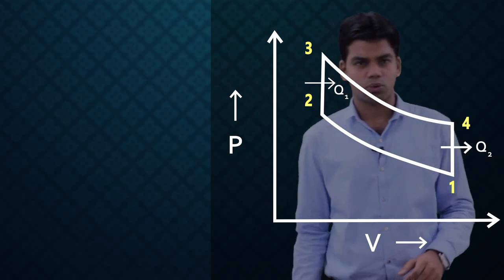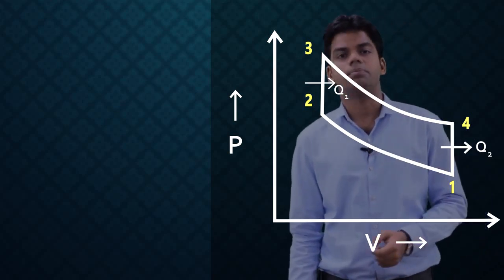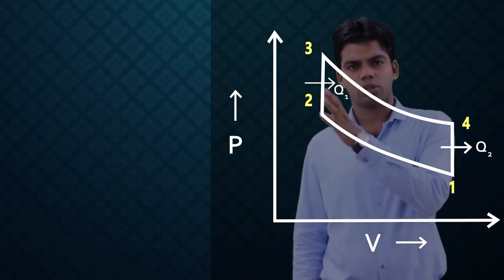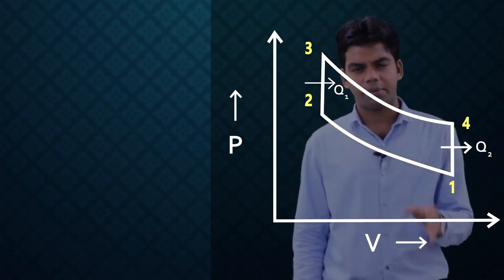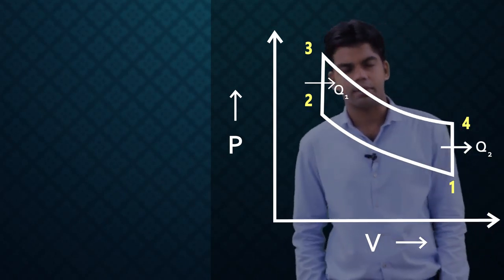This is our final Otto cycle. We will consider this cycle as the final ideal Otto cycle. 1 2 is a reversible adiabatic compression, then constant volume heat addition, then reversible adiabatic expansion, and then constant volume heat rejection. This is the whole Otto cycle.